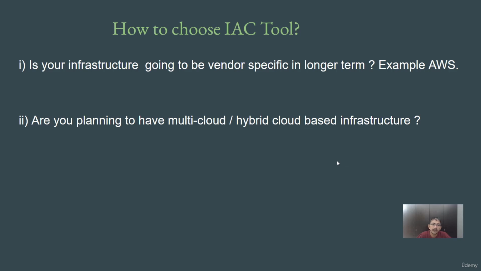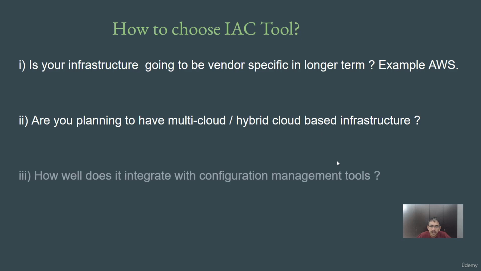This is very common nowadays, where some part of the infrastructure is in AWS and some part is in a data center. The third question is, how well do you want your infrastructure as code tool to integrate with a configuration management tool like Ansible, Puppet, etc.? And the fourth important requirement is the price and the support associated with the IAC tool.